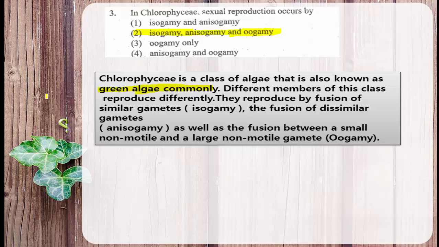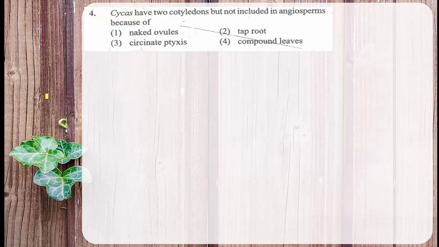Then moving to the next question. Cycads have two cotyledons but are not included in the angiosperms because of, see, the question is very interesting. Cycads are members of Cycadopsida, a class of division Gymnospermae.